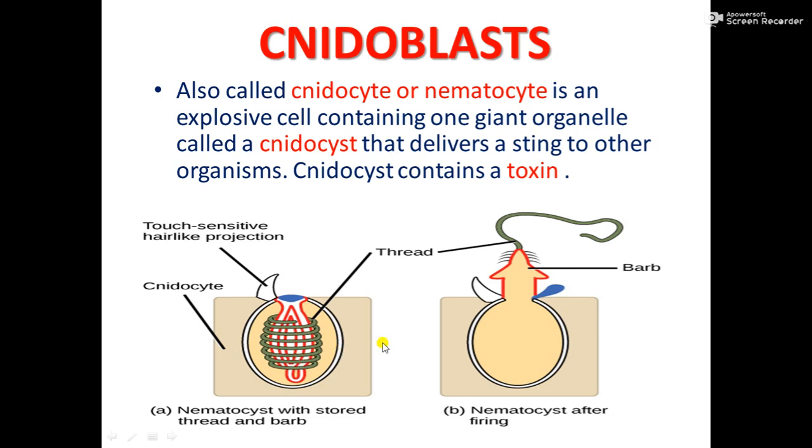When it sees the prey, this thread is blasted out. That is the explosion, which is why it is an explosive cell. The threads contain the toxin, and they coil around the prey. Now the prey cannot escape, and the toxin stuns the prey, and they absorb the prey into the cell. So this helps them in nutrition.